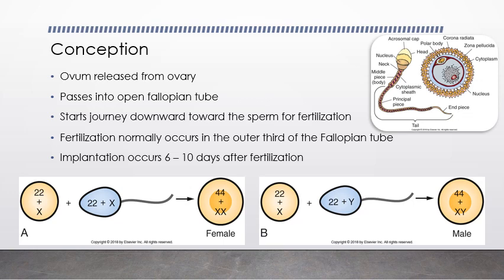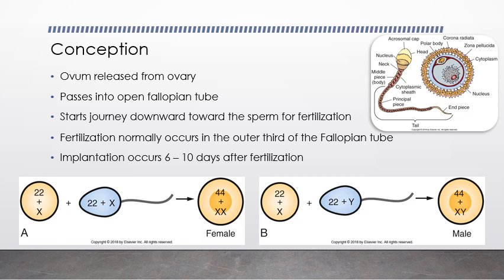Moving into conception. Conception is when the egg and the sperm meet to form a zygote. How this happens: an ovum is released from the ovary, passes into the open fallopian tube, and starts that journey downward toward the uterine cavity.